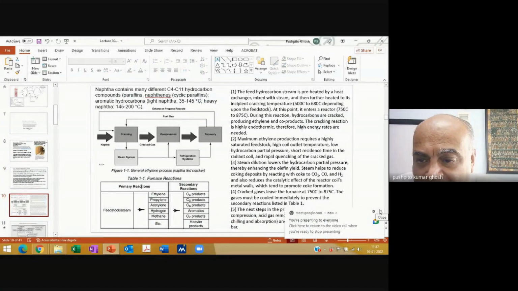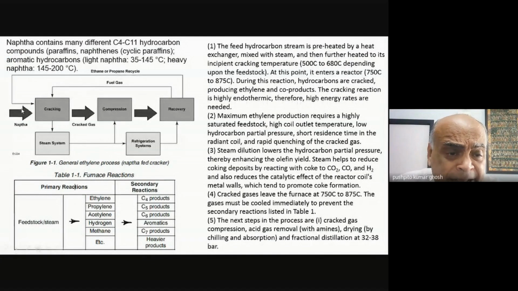Now, let us look at ethylene. We saw that any of these things, when you do cracking, you can get many very important compounds like ethylene, propylene, acetylene. These are the primary building blocks from which you can make so many different compounds, as you know.